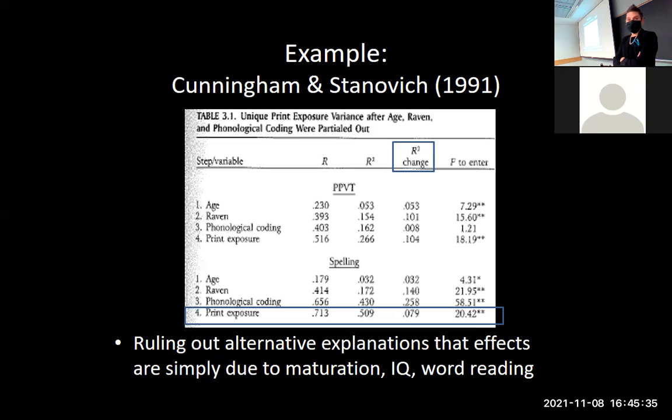Anyone have an idea why those two things might be related that's not because of print exposure? Yeah. Socioeconomic status could be one. Kids who have higher socioeconomic status might be more likely to have a higher vocabulary and might be more likely to read more books. Yeah, that's a good one.